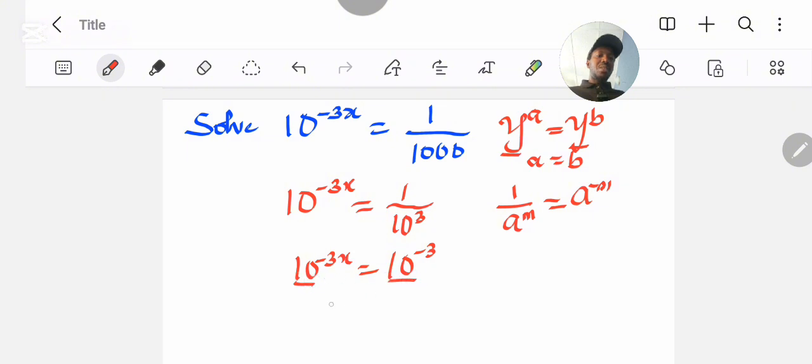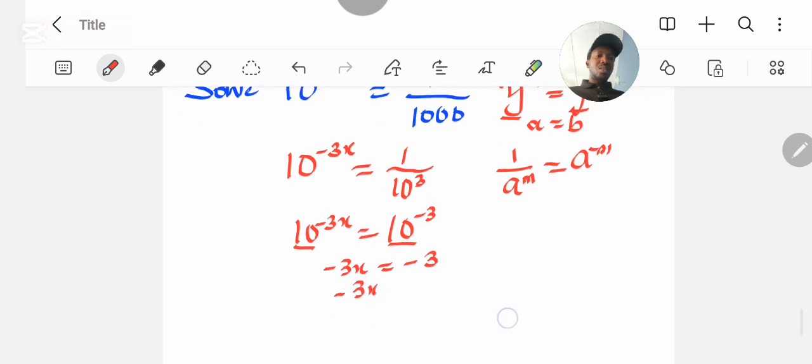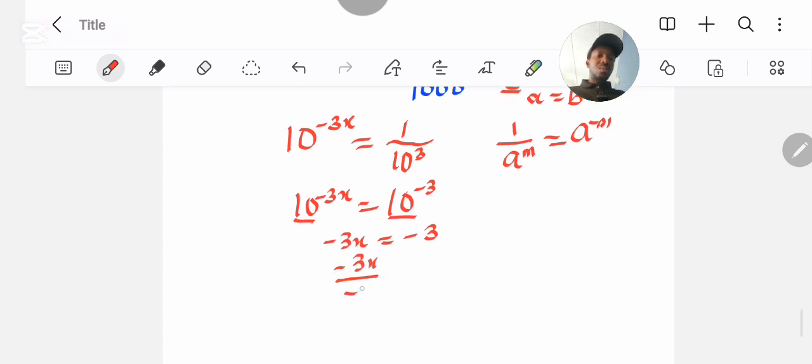Base 10, base 10. We can say minus 3x equals minus 3. So we divide both sides by minus 3. And we have minus 3 over minus 3. So that means that x is equal to 1. Thank you so much for joining up in the class, and thank you for attempting the question. God bless you all.